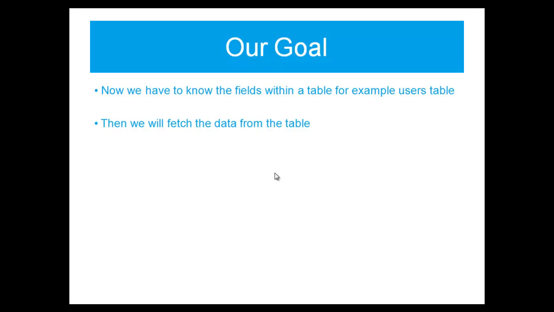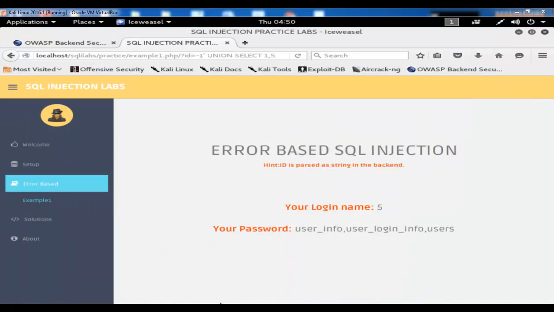Next, we have to know the fields within a table, for example the users table. Then we will fetch the data from the table. Let's do that. Now we have to know what the fields within the users table are. We also use information_schema for this in a different way.